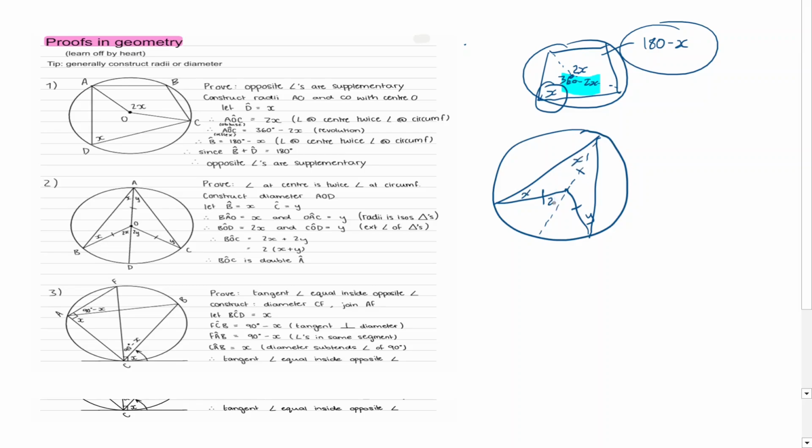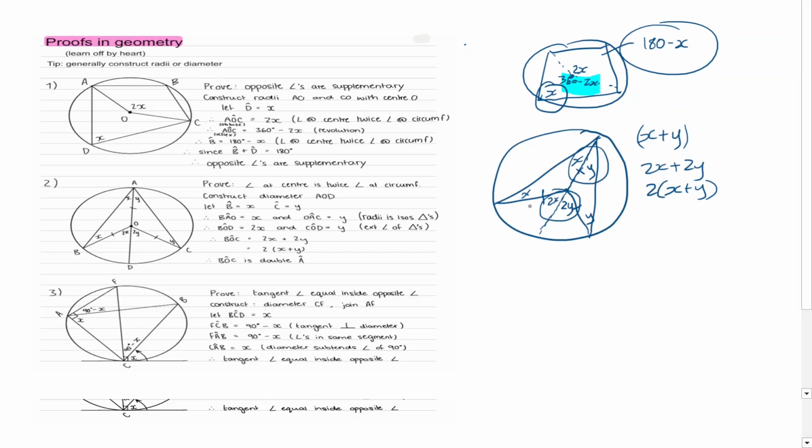The exterior angle of this triangle would be 2x. If this is y, this would be y, isosceles triangle, and the angle outside would be 2y. So what have I got as the angle at the circumference? x plus y. What have I got as the angle at the center? 2x plus 2y.